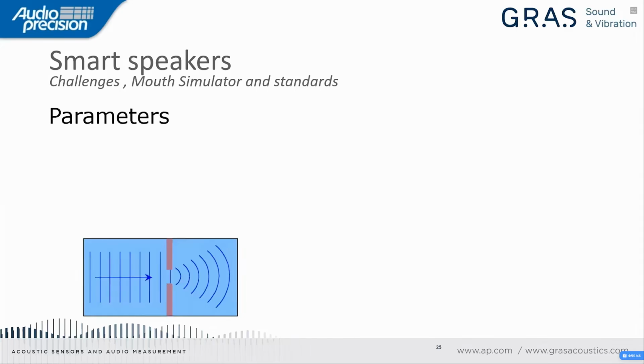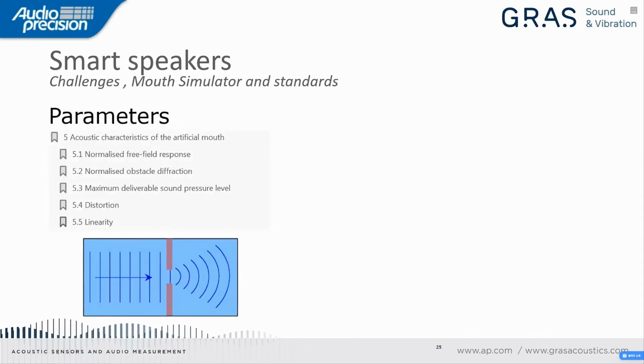If we look at a mouth simulator, the parameters specified in the standard are free field response, obstruction, diffractions, where you are measuring at a certain distance from the mouth, 0.5 meter.